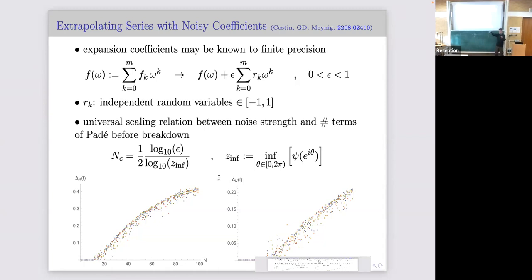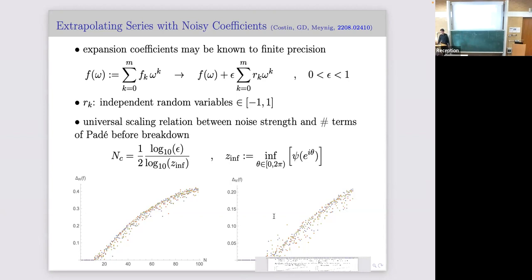You break down and start forming a ring around the actual singularity, which has meaning in terms of that electrostatic interpretation, so you can understand what's going on. It's just sort of a two-dimensional antenna. And that's, say, at the breakdown point. At that point, you're just trying to squeeze too much out of what you have using that method.